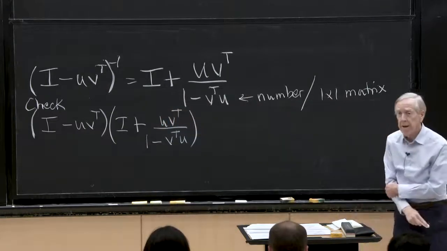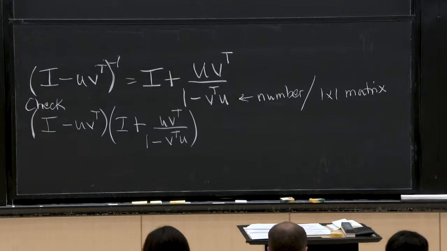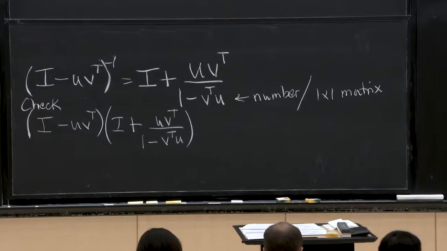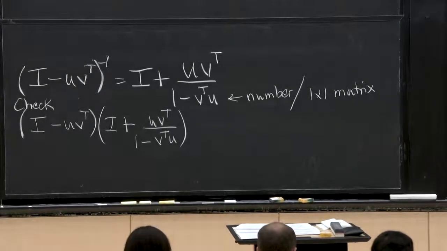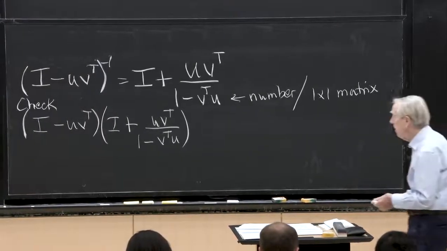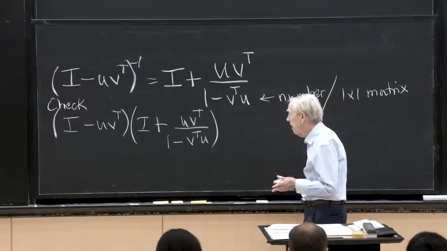And what am I hoping to get from this multiplication? I'm hoping that result is the identity matrix. So I'm just going to do it out, and we'll see the identity appear.